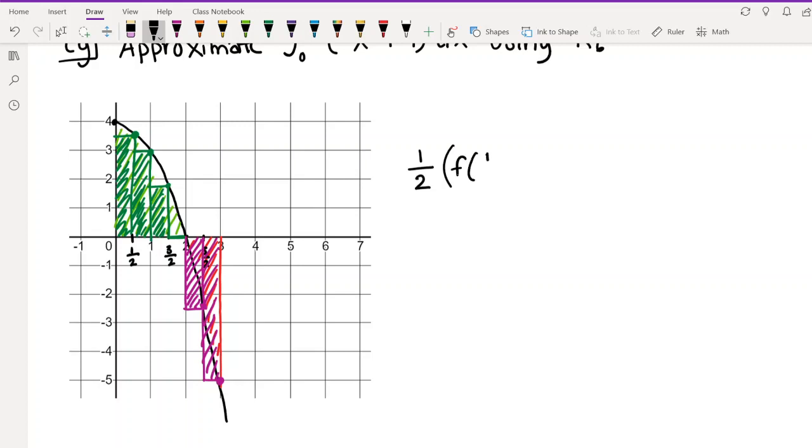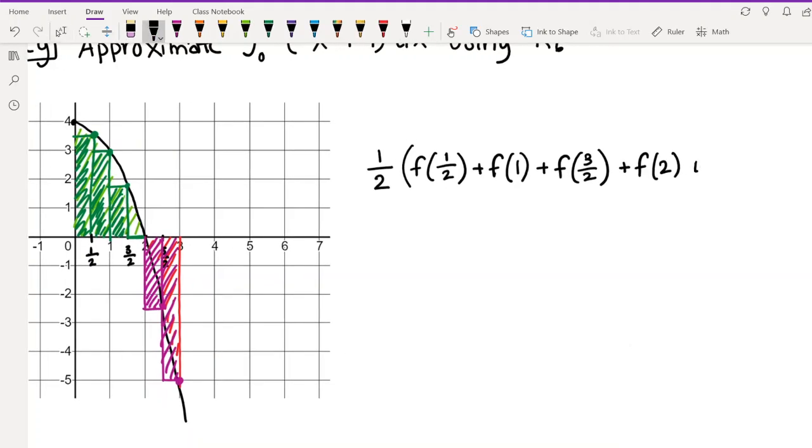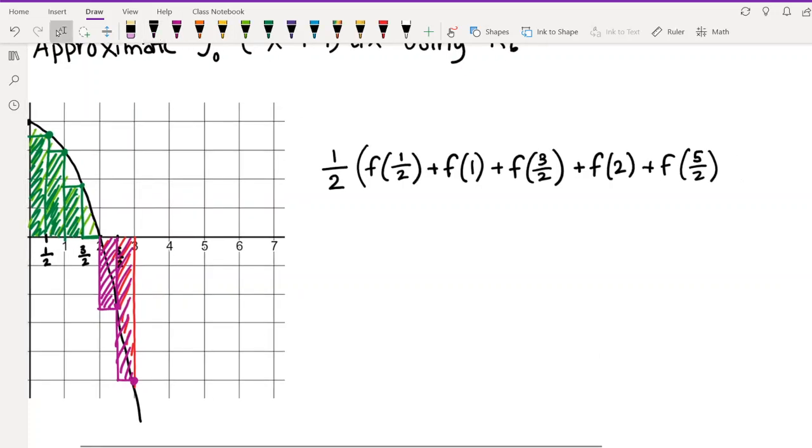Well, the first one is going to be f of 1/2. The second one is going to be f of 1. The third one is going to be f of 3/2. The fourth one is going to be f of 2. Then we have f of 5/2. And then finally we have f of 3. So we're just adding up all of those different heights.